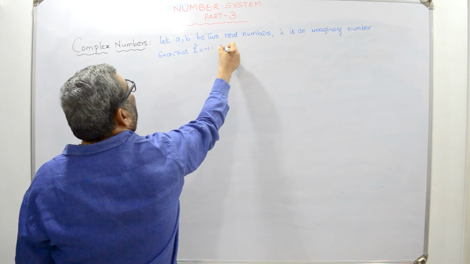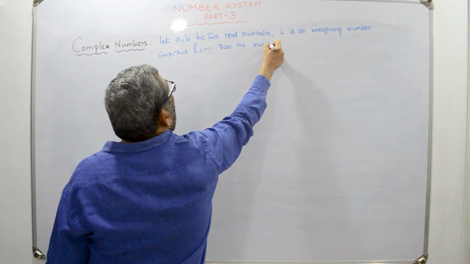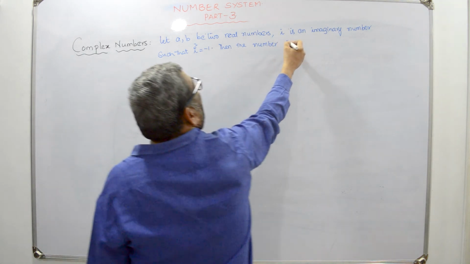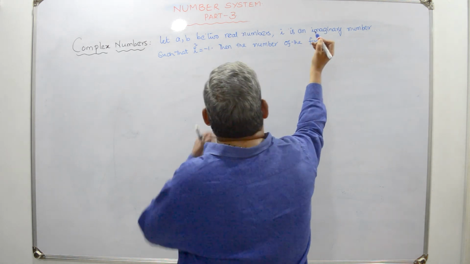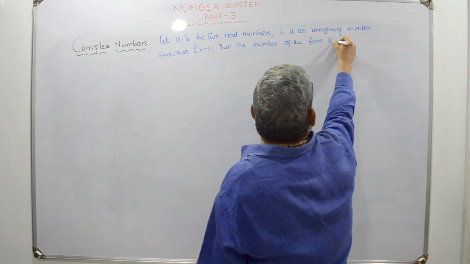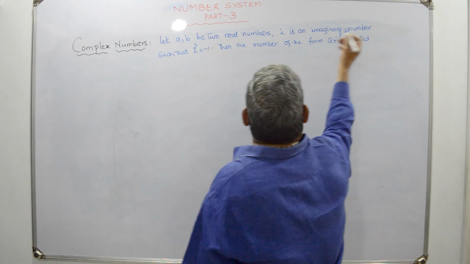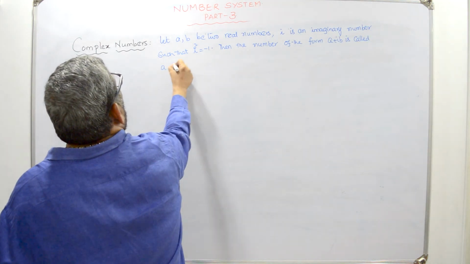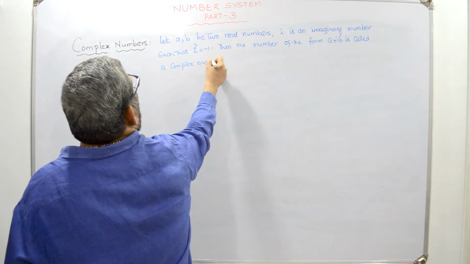Then the number of the form a plus ib is called a complex number.